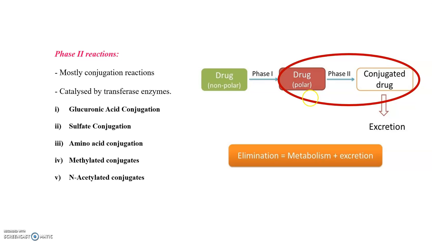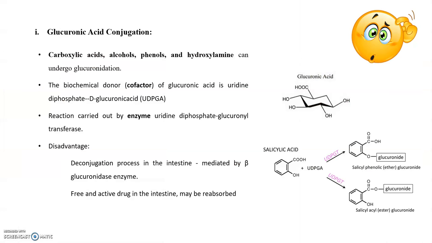So the first one is glucuronic acid, which can be transferred to the drug with the help of uridine diphosphate D-glucuronic acid, by the enzyme uridine diphosphate glucuronide transferase. This will be transferring this glucuronic acid moiety from this compound to the drug.